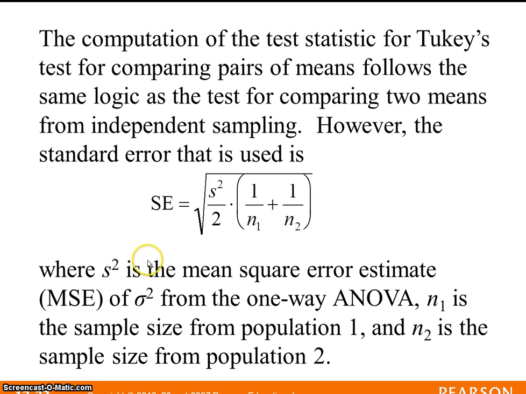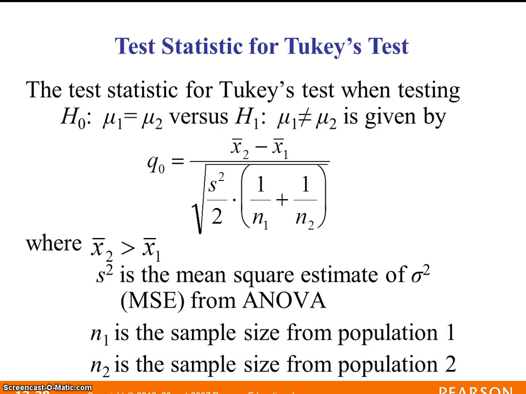So let's look at further information here. The test statistic for Tukey's test, when you're comparing whether two sample means are equal versus whether they're different, again, is given by this, where S squared is the mean square estimate of sigma squared, and N1 is the sample size of population 1, and N2 is the sample size of population 2.